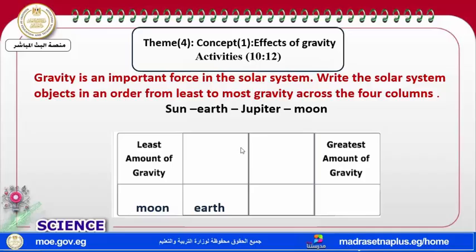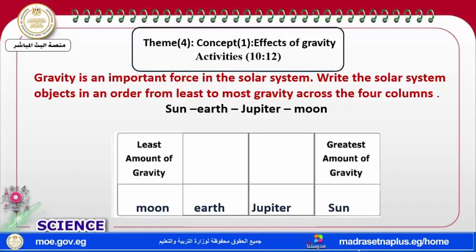One which is also a planet, but has more mass and more gravity than the earth. Now it will be Jupiter. Finally, the greatest amount of mass belongs to the sun. Okay.